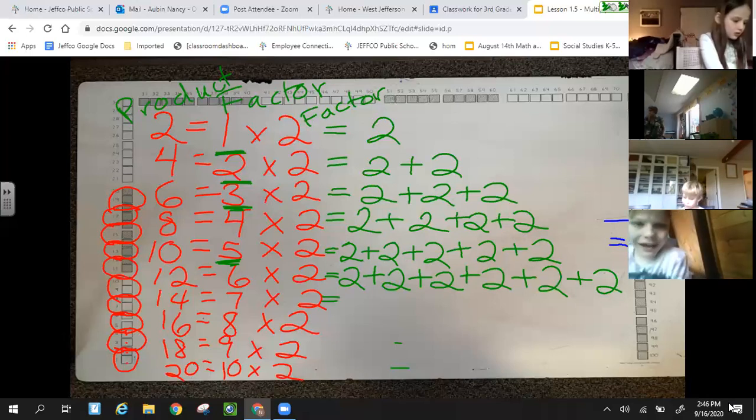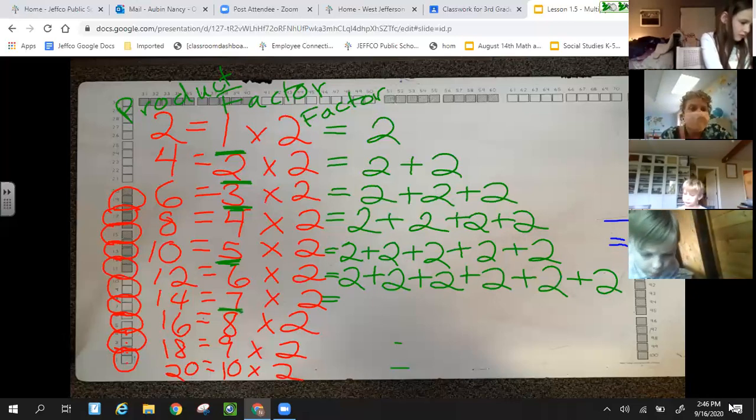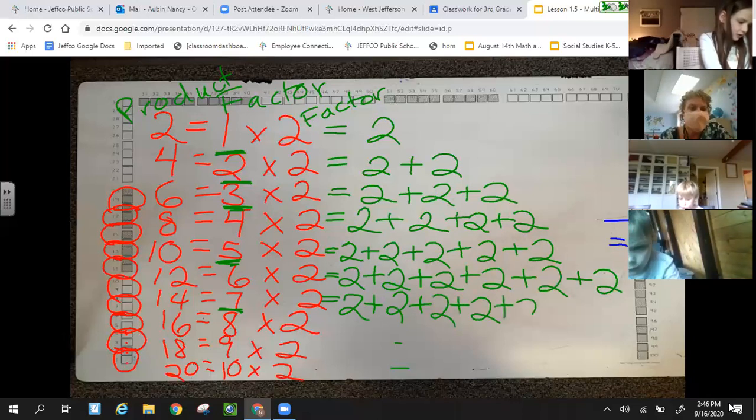How many 2's am I adding together, Lila? If I know 14 equals 7 groups of 2, how many 2's do I add together? Excellent, Jay. 1, 2, 3, 4, 5, 6, 7.